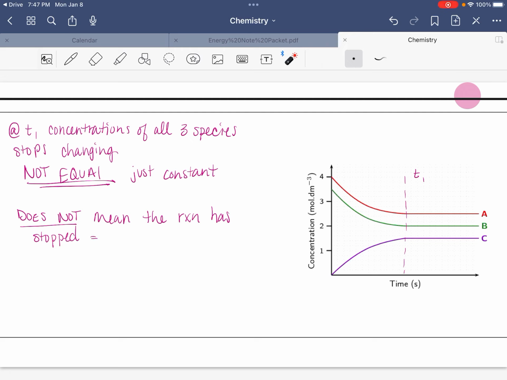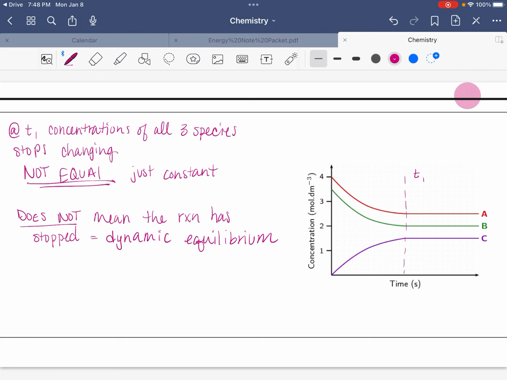Things are still occurring. We still have molecules coming together and creating C, and in the reverse reaction, C is decomposing into A and B. It's all happening at the same rate, so the concentrations don't change, and we have a special term for this, which is dynamic equilibrium. Dynamic just means movement, so even though we're at equilibrium, there are still reactions occurring; we just don't have a change in concentrations.